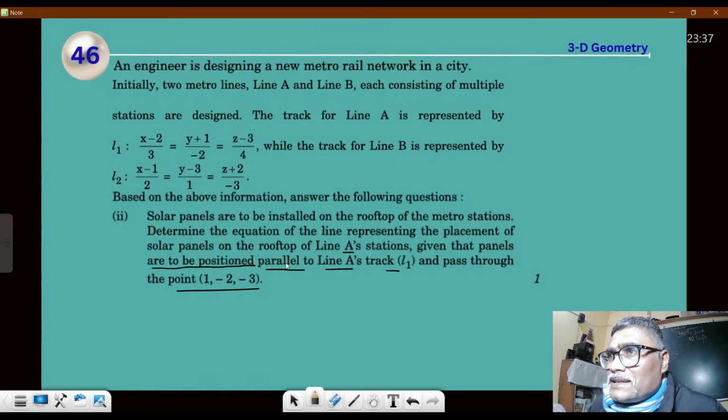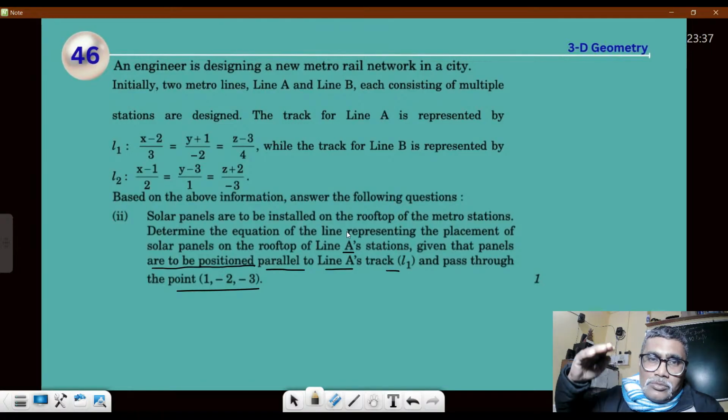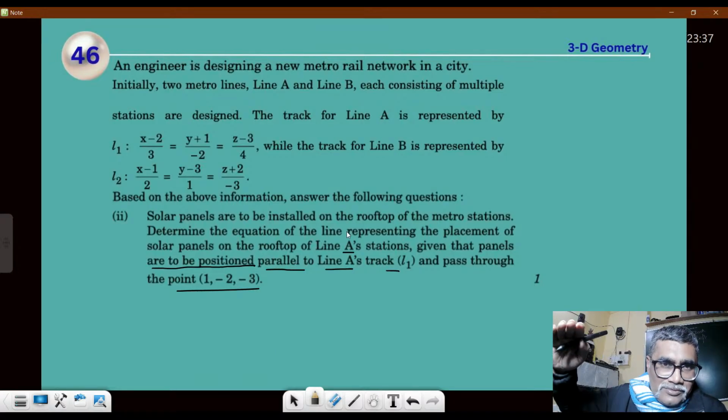So what they are asking: our solar panel should be fixed at the top of the roof, which is parallel to the track, but at a particular point it is to pass through.